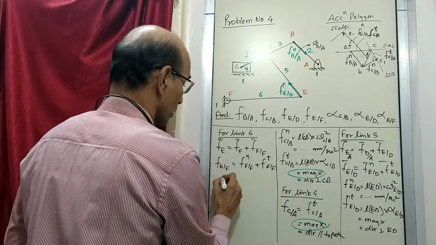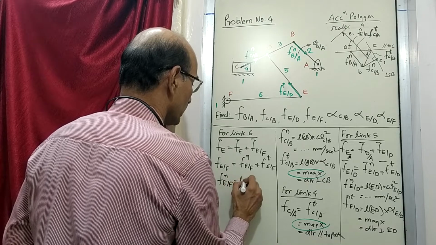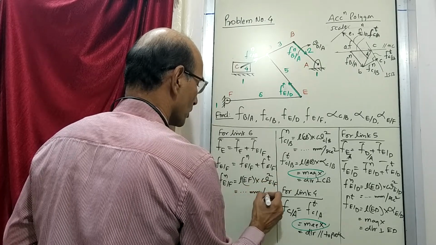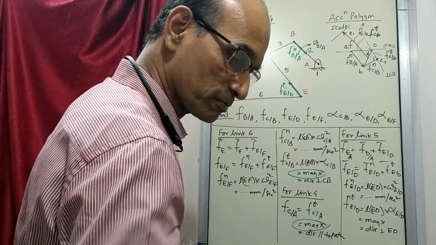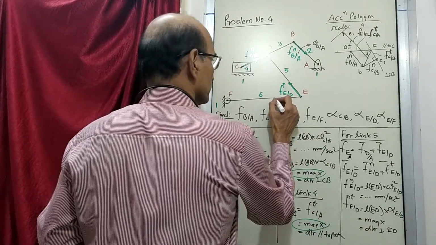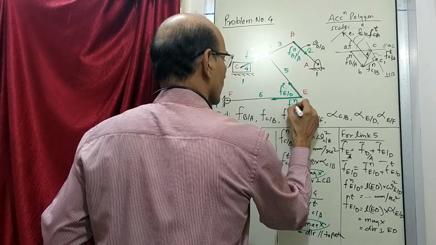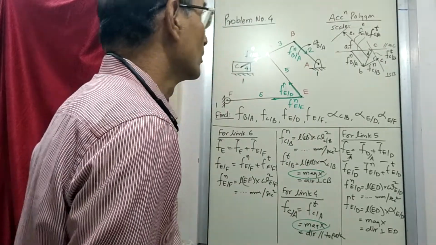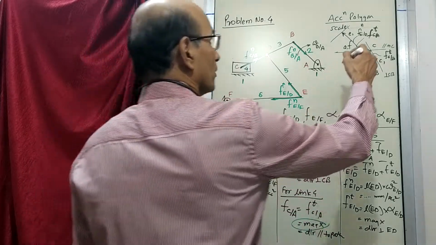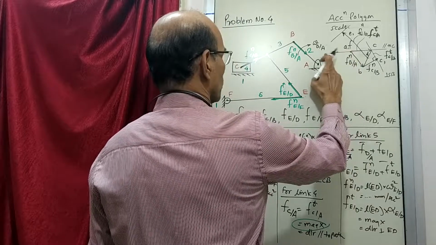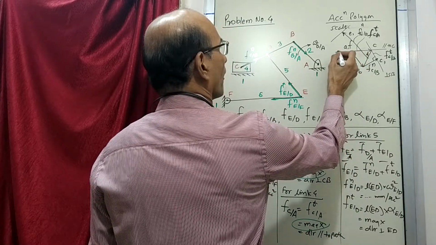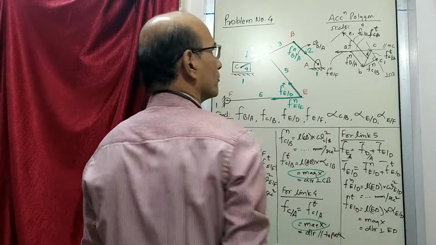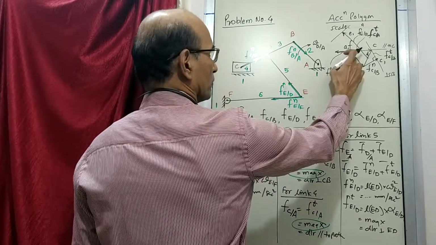Now the normal component is length into square of omega, and we know this completely by its magnitude and direction, and this is from E to F in the linkage diagram, and in the polygon it is from F to E. F is here, F to E, so like this.